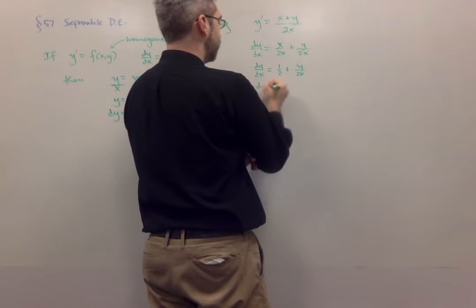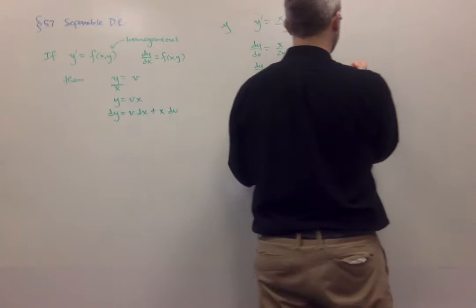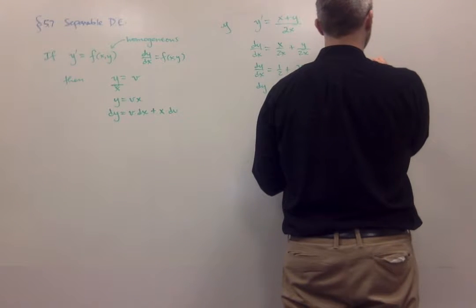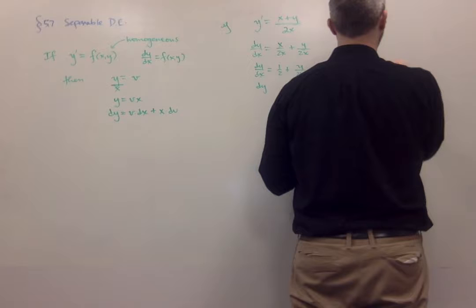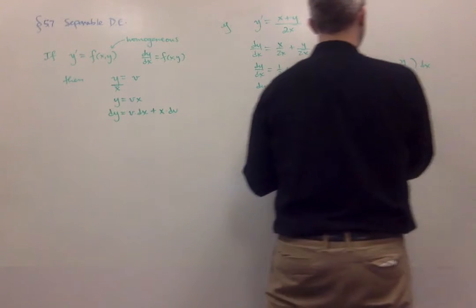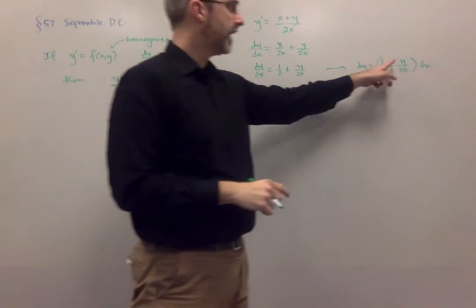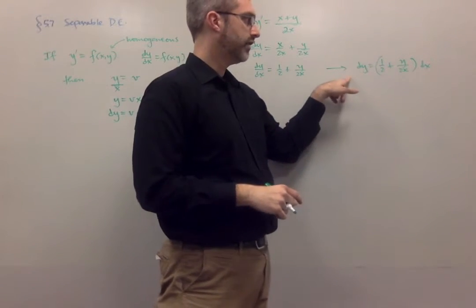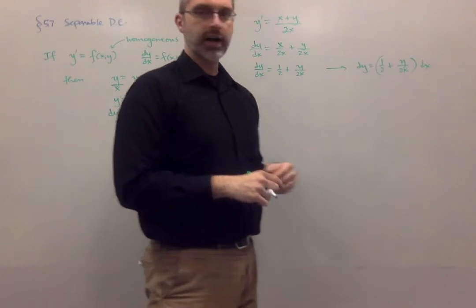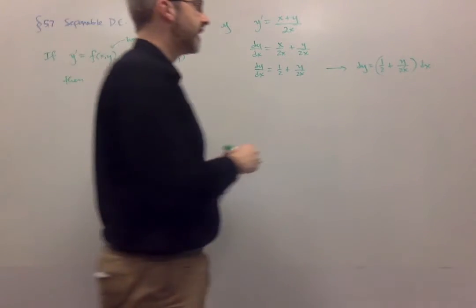Now, if you were to go over here and stick the dx on the other side, 1/2 plus y over 2x times dx, that's actually not going to work because this y is sitting here. There's no way to get that y over here without leaving a y on that side as well. So this is not separable.